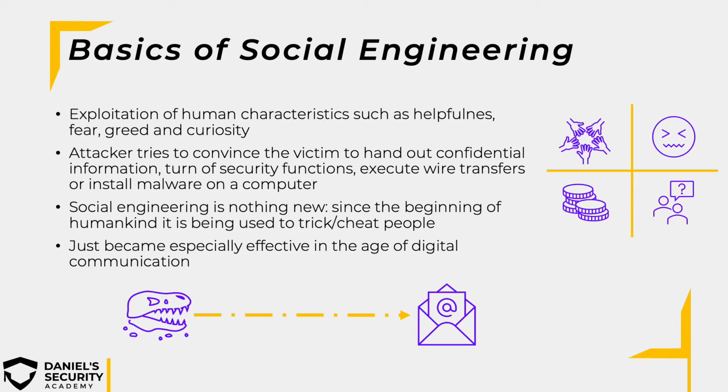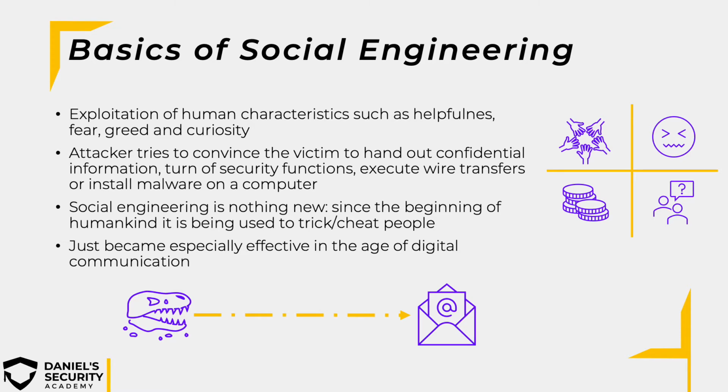And you have all the time you need to make those phishing emails look very realistic and trick people who are not trained or don't have too much IT background to do something. So the age of digital communication definitely gave social engineering a new level of effectiveness.